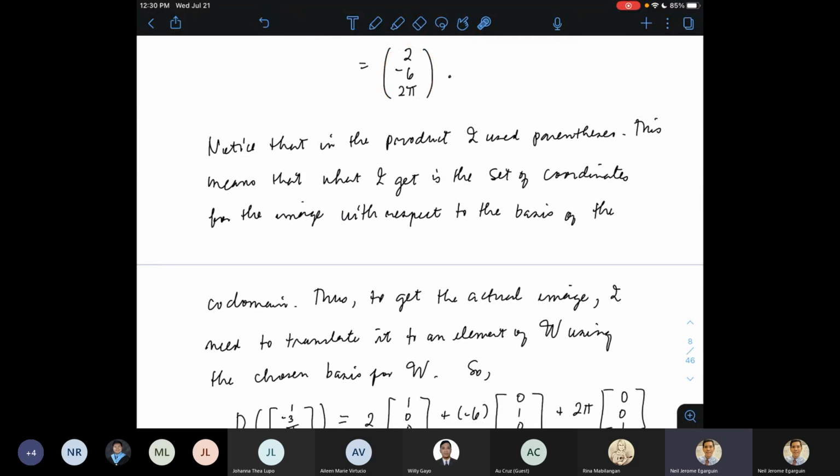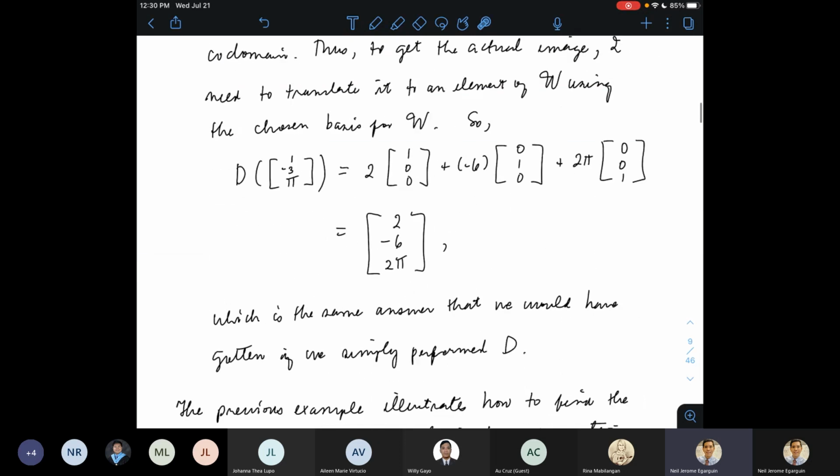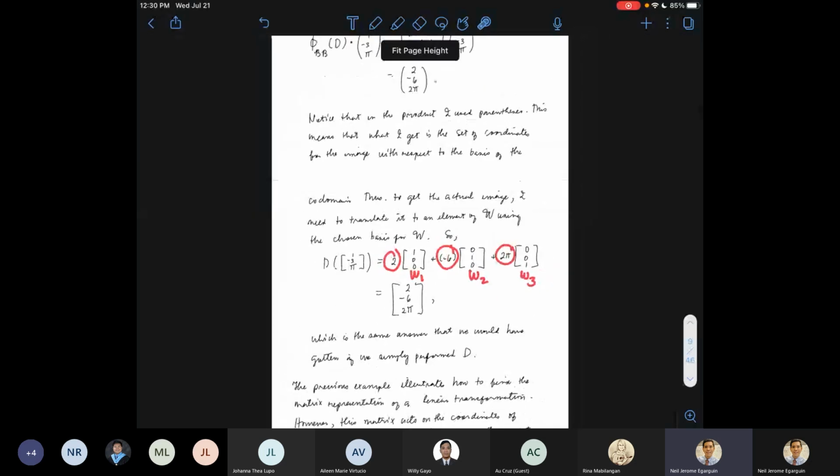So para makuha ko yung actual D of V, kailangan kong kunin yung expansion gamit itong mga coordinates na to with respect to the second basis. Again, it just so happened that the basis for W is also the canonical basis. Then I will use the first coordinate we computed in the matrix multiplication. This is the second component of the coordinates we got after the matrix multiplication, and this is the third one, right? So if you see, ito lang yon, tas ito lang yon.